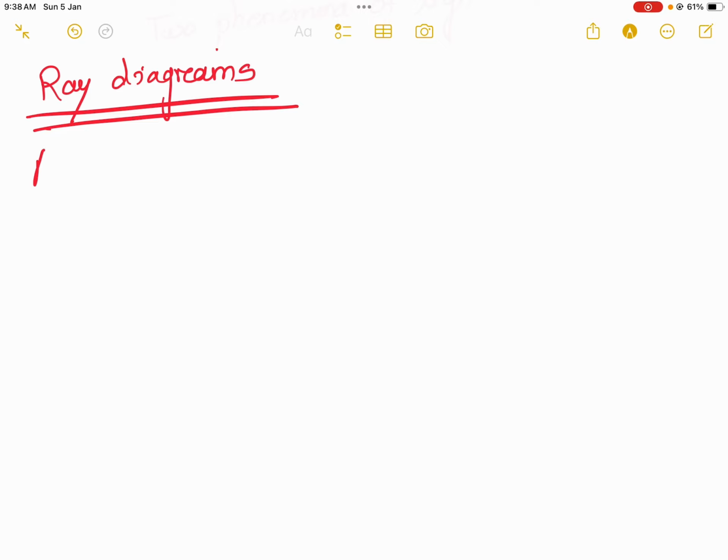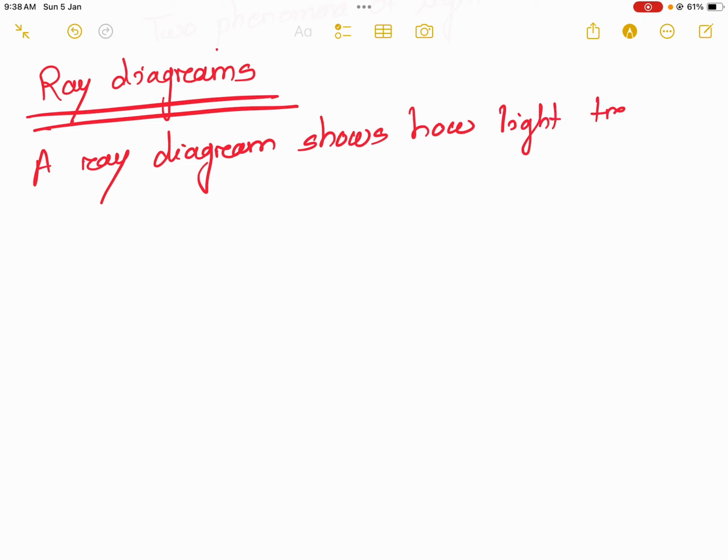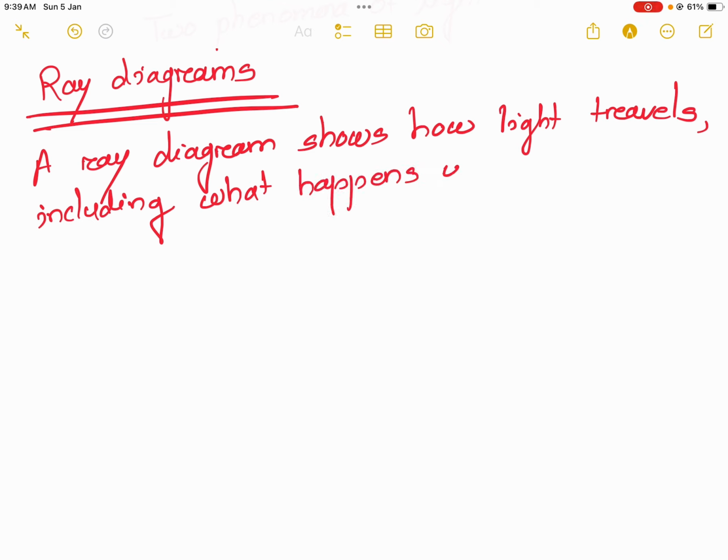So a ray diagram shows how light travels, including what happens when it reaches a surface.